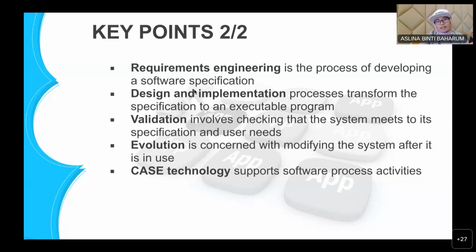Design and implementation transform the specifications into an executable program, which is the construction of the software. Validation is the testing to check the specification against the users' needs. Validation actually involves the requirement and also the satisfaction of your users, client, stakeholder.